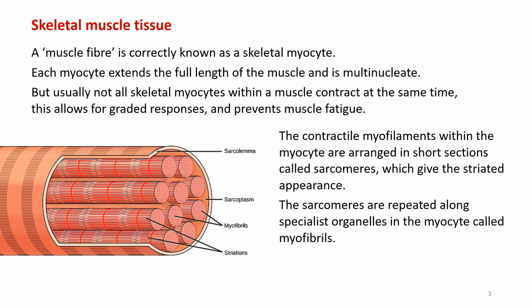The sarcomeres are repeated along the myocyte within specialist organelles that these types of myocytes have, called myofibrils. So within a myocyte, you have these very, very long organelles, going the full length, called myofibrils. Those myofibrils are then divided up into sarcomeres. And within the myofibrils, divided into sarcomeres, are the myofilaments.